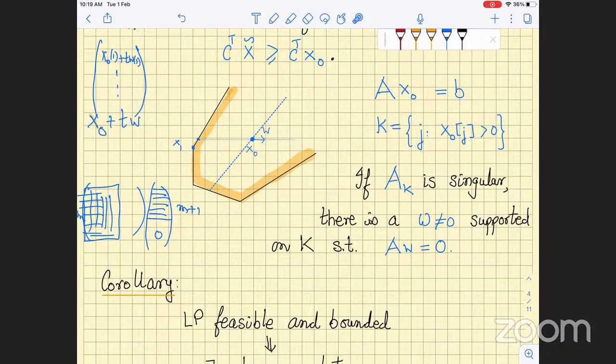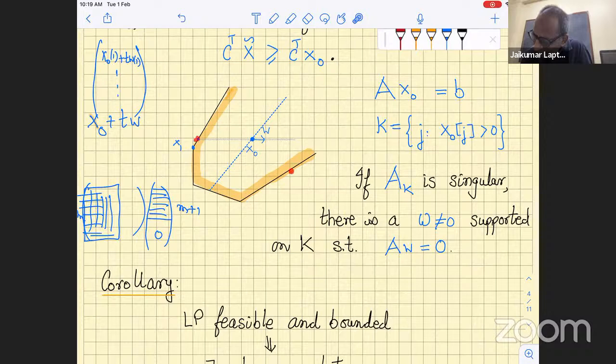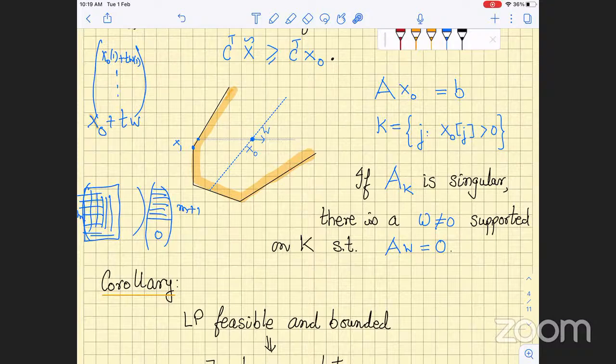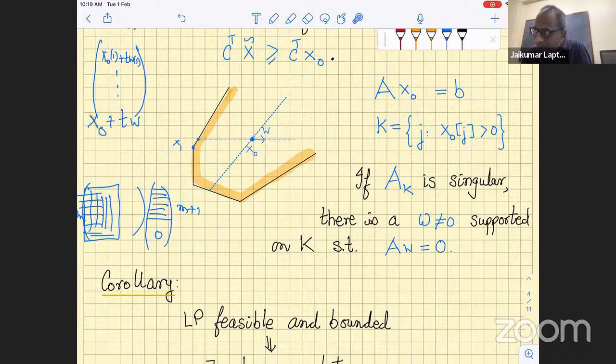Sorry, if we're at the boundary, and the direction along the W where you have to go to increase the objective value takes you outside the feasible set, then what do you do? For example, if you're at a boundary but not at a point, for example, this line segment here.